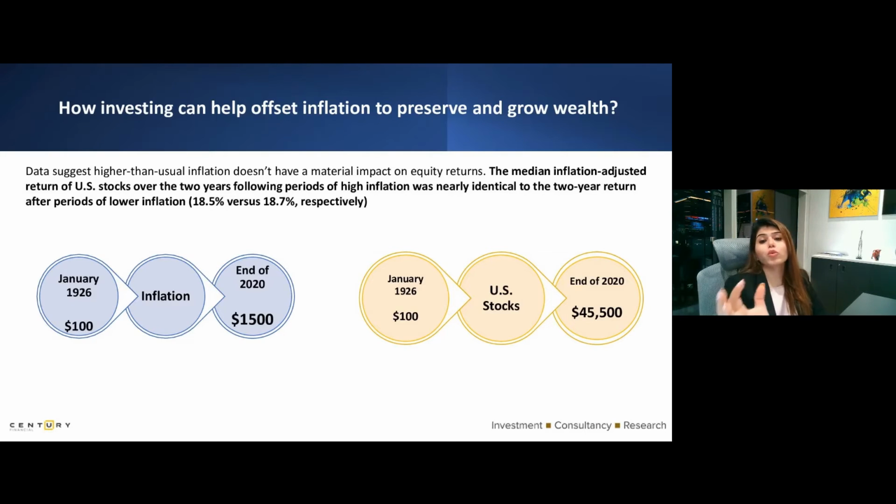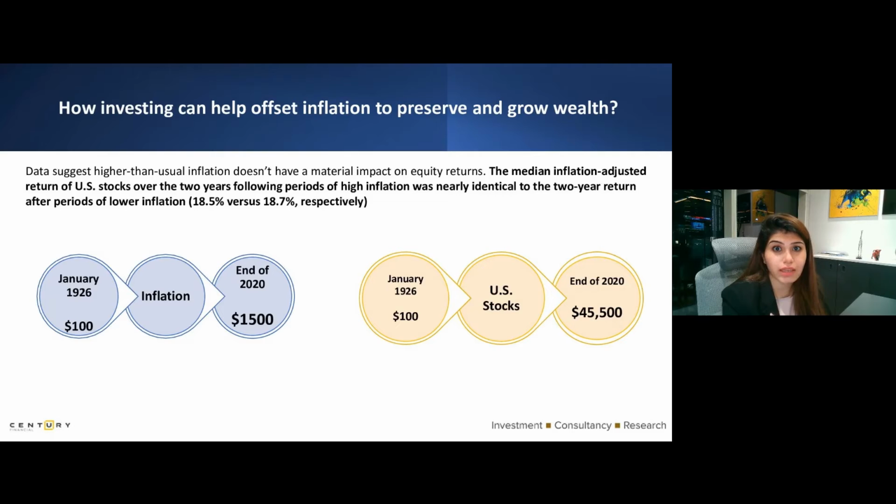Also, one important factor to understand is inflation. The biggest problem is, of course, that prices are going up and we need to deal with it. If you consider January 1926 till the end of 2020, inflation has grown by 15 times. Something that would have cost just $100 back then would today cost you $1,500.